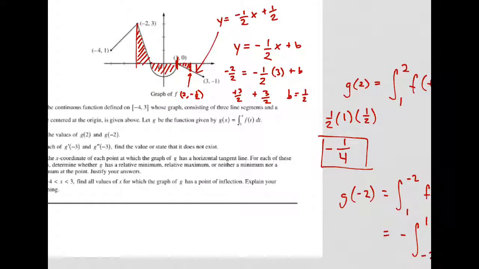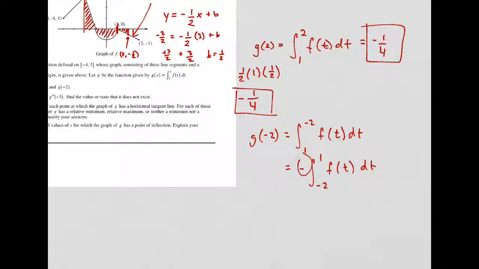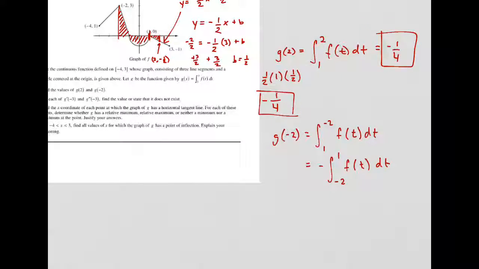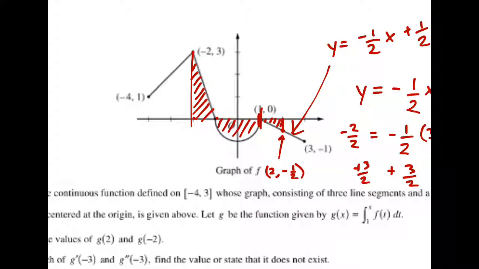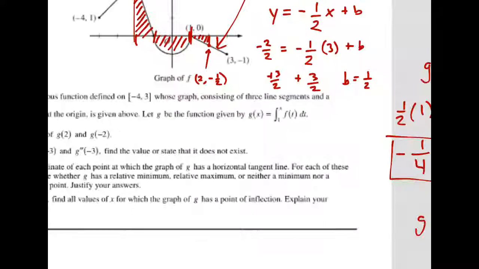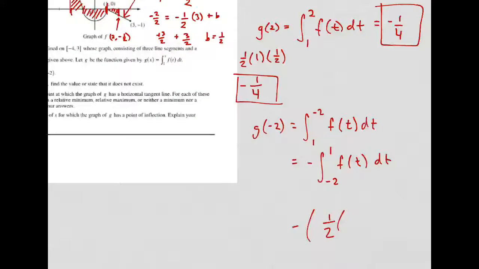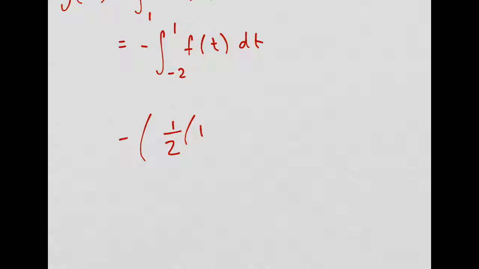Don't forget about that negative out there, though. At the end I'll put on that negative. So what is this? It looks like it has a height of 3 and a base of just 1. So that's 1/2, and we'll put the negative out front. 1/2 times height of 3, base of 1, so 3.